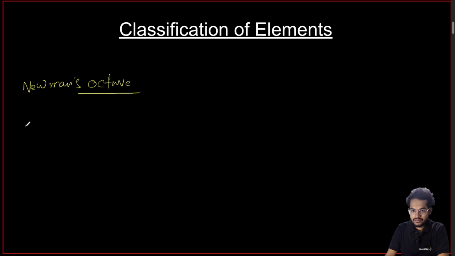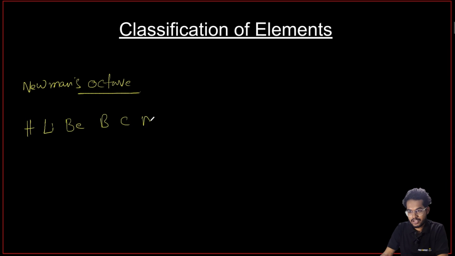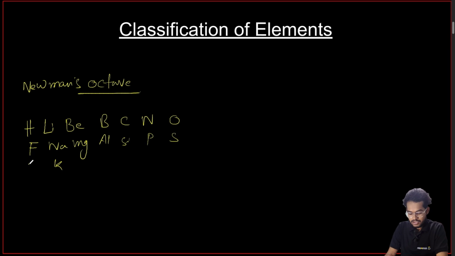Like this: helium, lithium, beryllium, boron, carbon, nitrogen, oxygen, fluorine, sodium, magnesium, aluminium, silicon, phosphorus, sulfur, chlorine, the rest of it.